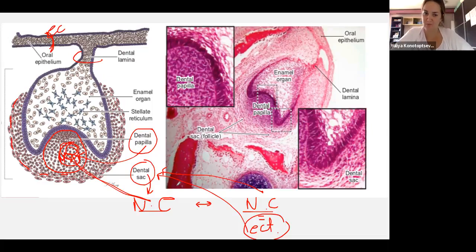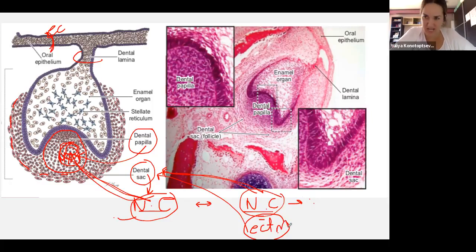So I repeat, we have a neural crest cell number 1 sitting in the dental papilla. It gives rise to one type of cell. We have a neural crest cell sitting in the dental sac. It gives rise to another type of cell, completely different. Because it gives rise to another type of cell, its other name is ectomesenchymal cell.